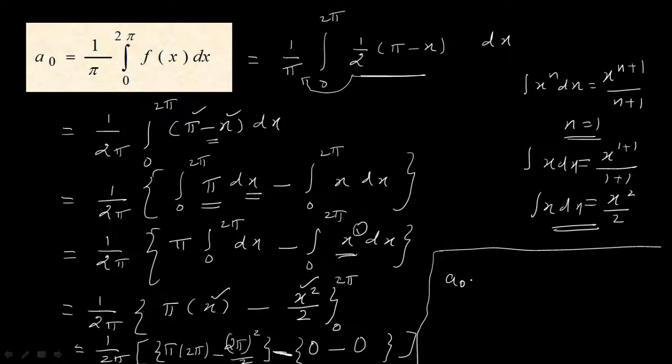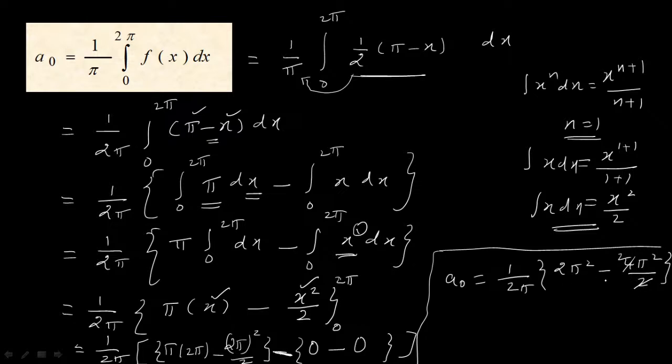Which implies your a naught is equal to 1 by 2 pi. Within parentheses you have 2 pi square minus 4 pi square divided by 2. So what happened here? 2 pi square minus 2 pi square. Here 2 is a common factor.